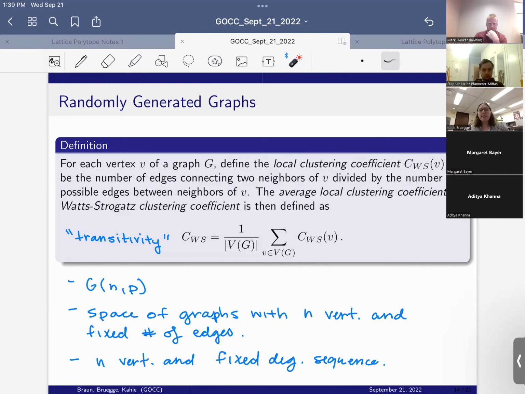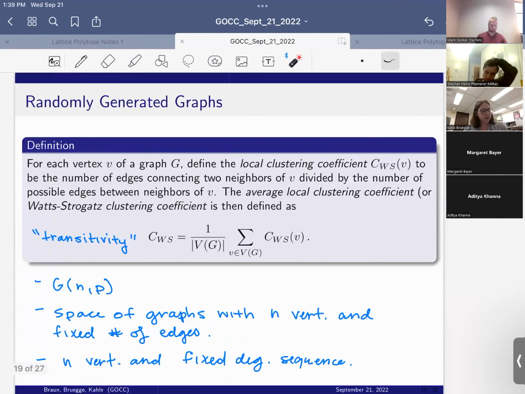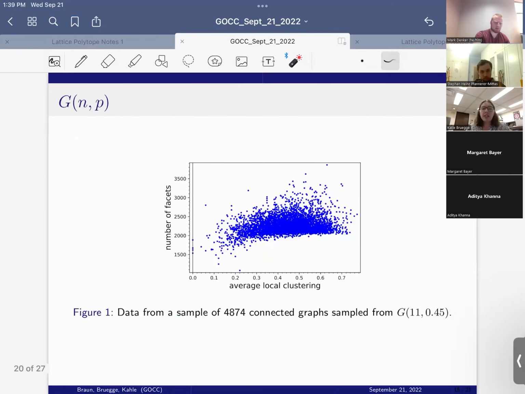So we wanted to see how clustering popped up in any of these samples that we got. And so I'm going to show you some different things. These are all pretty representative plots for all of the experiments we ran. So for GNP, we wanted to plot average local clustering against number of facets.